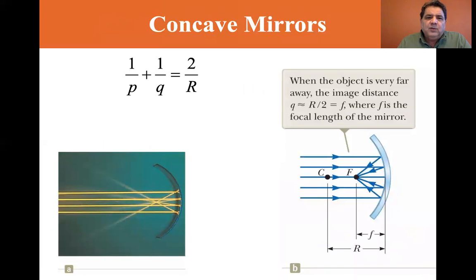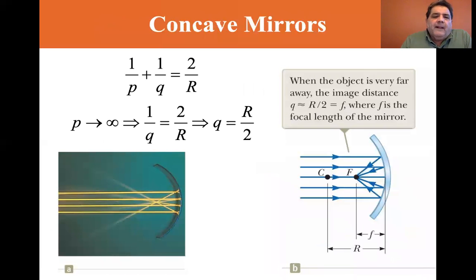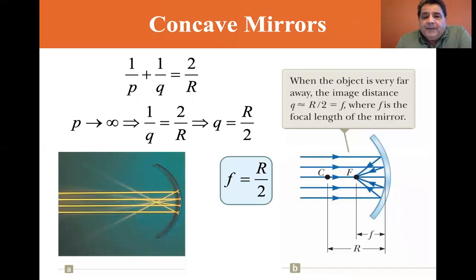Okay. So 1 over P plus 1 over Q equals 2 over R. As P approaches infinity, 1 over Q equals 2 over R, which gives you Q is equal to R over 2. And that's the focal length. F is equal to the radius divided by 2. So F is halfway between C and the reflecting surface.